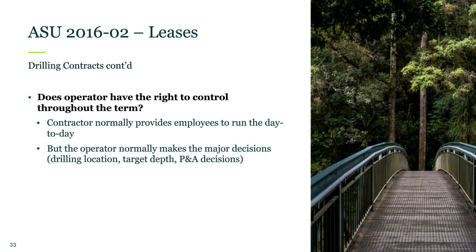But I think for most of our companies that are drilling long, complex horizontal wells in established plays and have the wherewithal to command some control, most of our drilling contracts are going to be leases. Things like day rate contracts, maybe not, but then you're making the major decisions, and maybe you can get out of it on a 12-month lease, but I think those are going to be highly questionable as well.